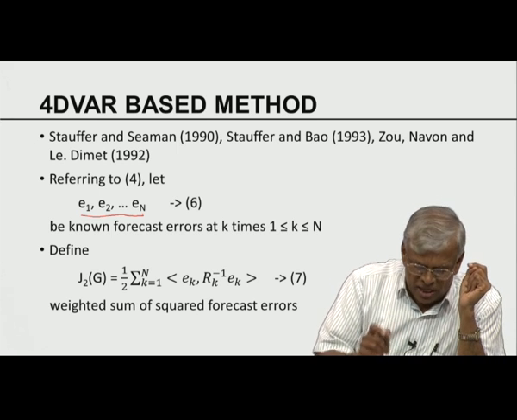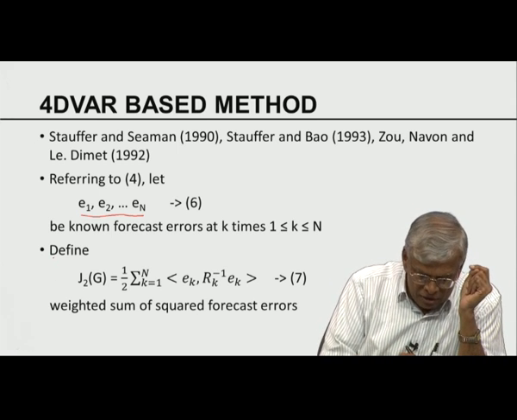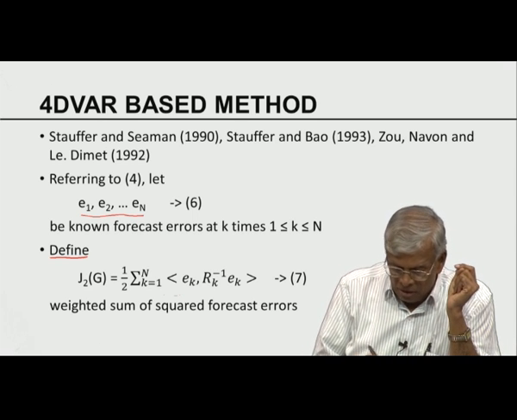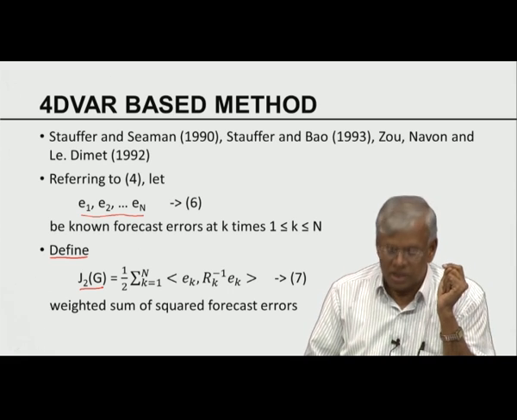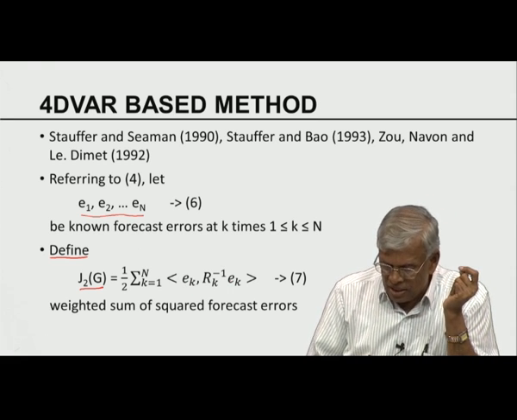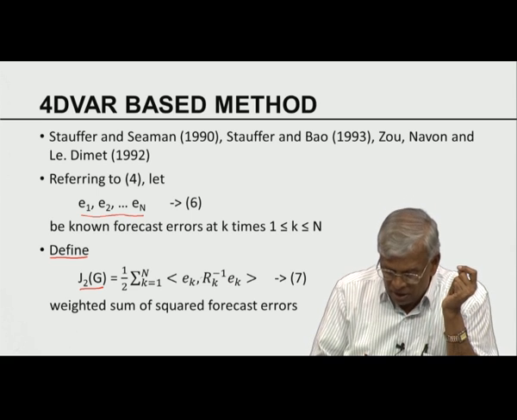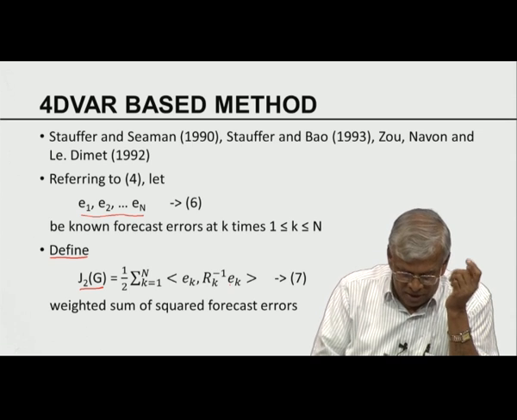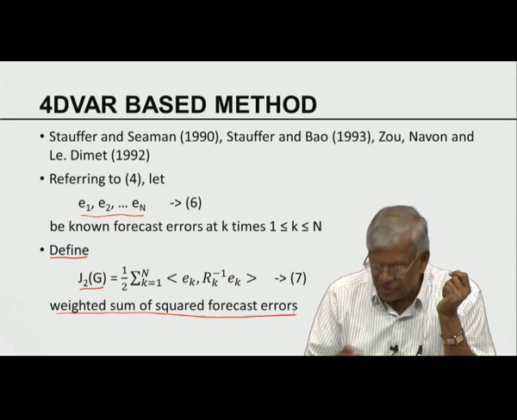If there are n forecast errors, then I can compute the least squares cost function J2 of G, which is given by the sum of Ek transpose, I'm sorry, the inner product of Ek with Rk inverse Ek. What is this? This is the weighted sum of squared errors.